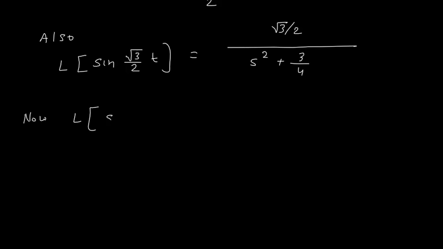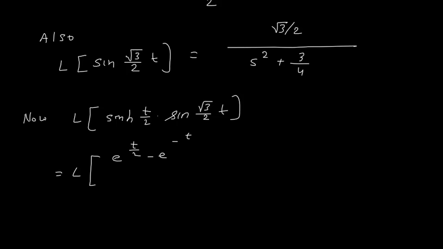Laplace of sine hyperbolic t by 2 into sine root 3 by 2 t. This can be written as Laplace of e power t by 2 minus e power minus t by 2, whole divided by 2, into sine of root 3 by 2 t.